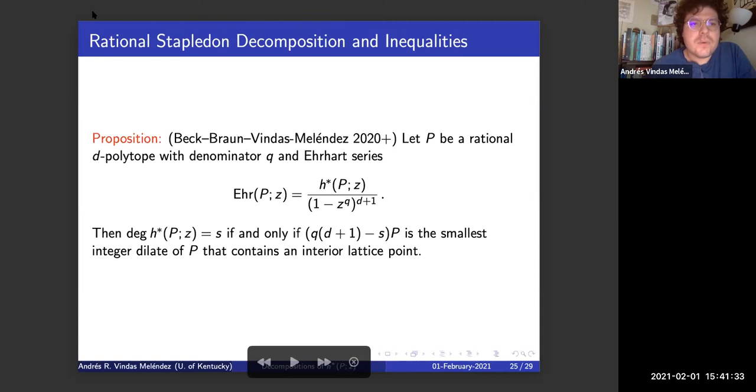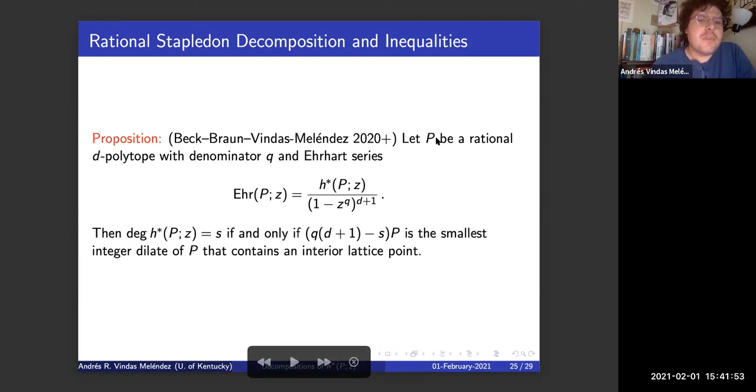And so I'm going to use that decomposition to present some inequalities that are satisfied by the coefficients of the h star polynomials for rational polytopes. Okay. And so before that, here's this proposition.